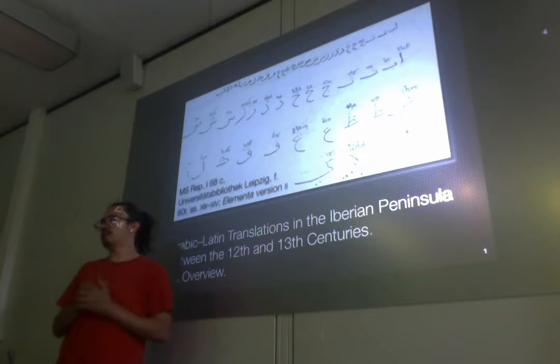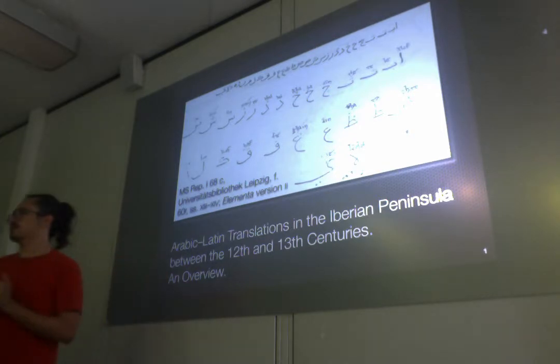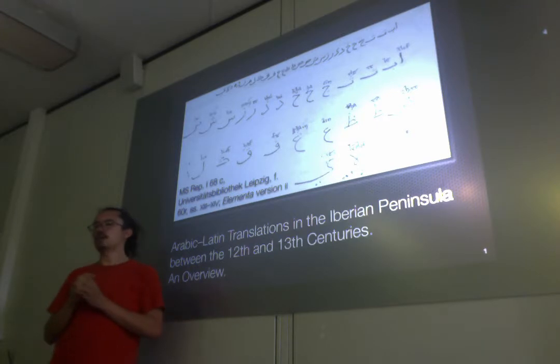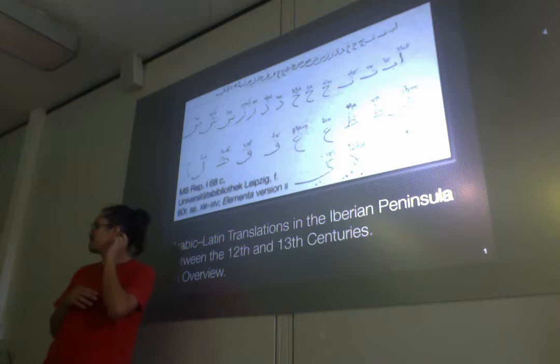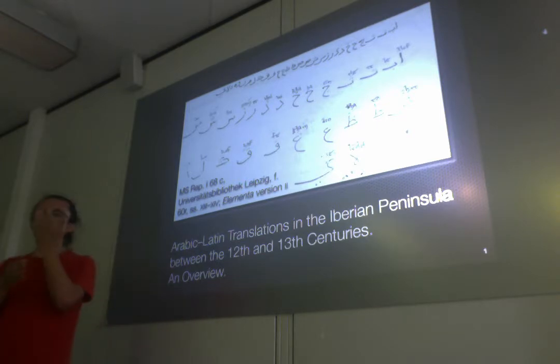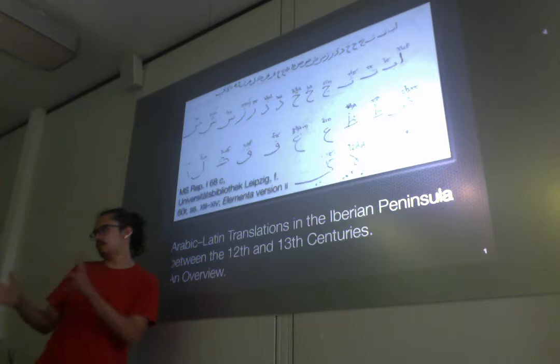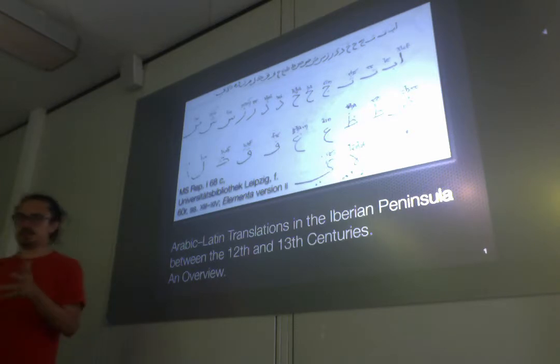There were many translations of Euclid's Elements in the Iberian Peninsula. We have, I think, five or six translations, and some two translations of commentaries on Euclid's Elements. I chose this one, which was made by Robert of Chester, Robert of Ketton, a matter which will be discussed here briefly.